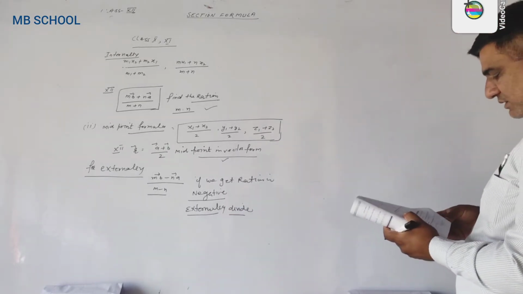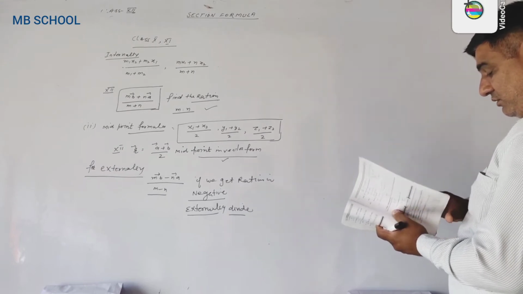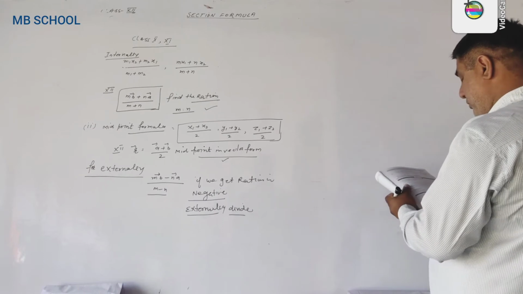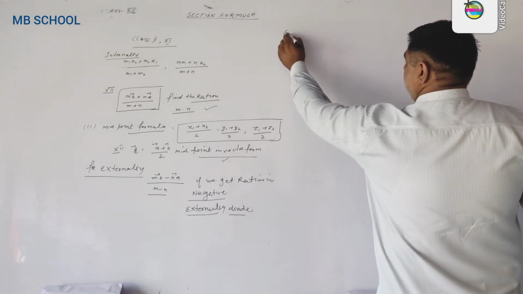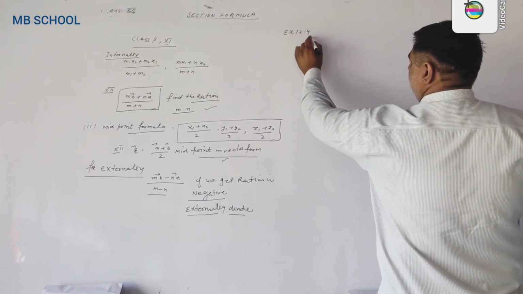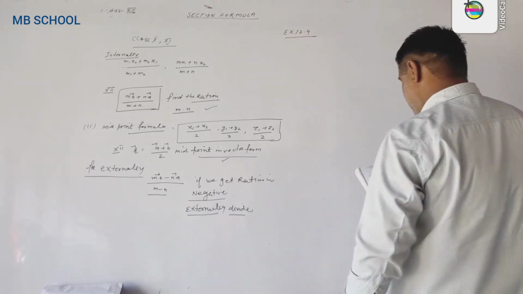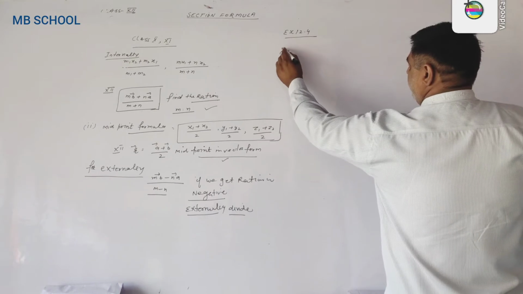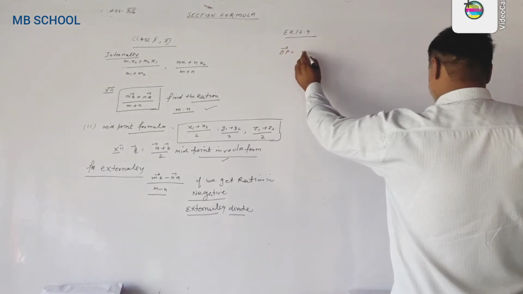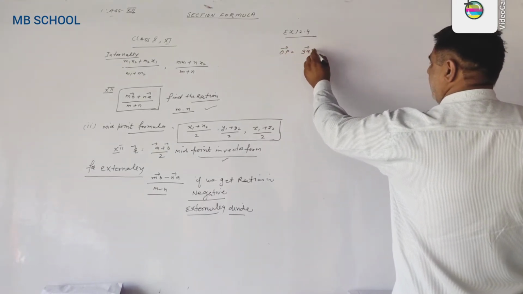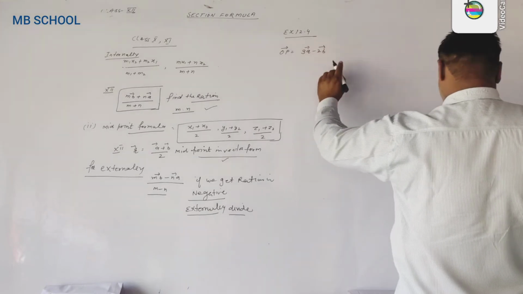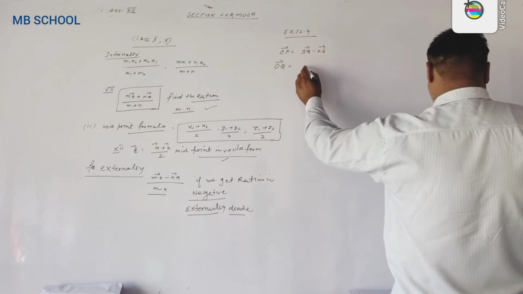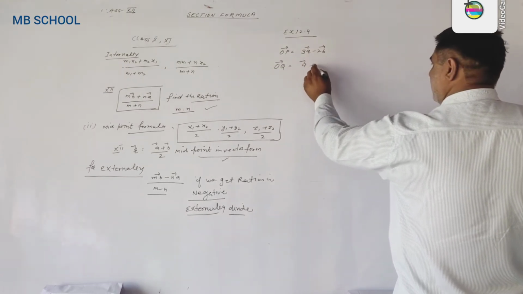Now we discuss some questions about this. So first question is from exercise 12.4. Consider 2 points P and Q whose position vectors are OP vector equal to 3a minus 2b and OQ vector equal to vector a plus vector b.